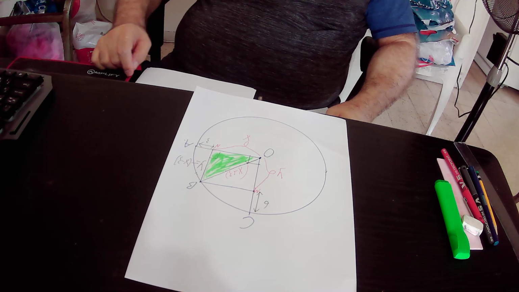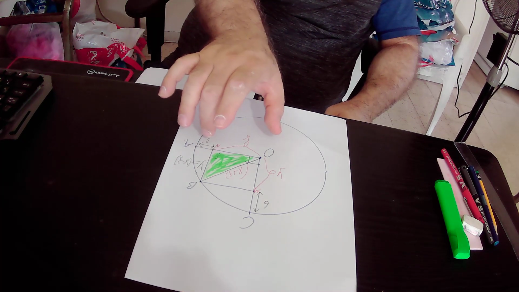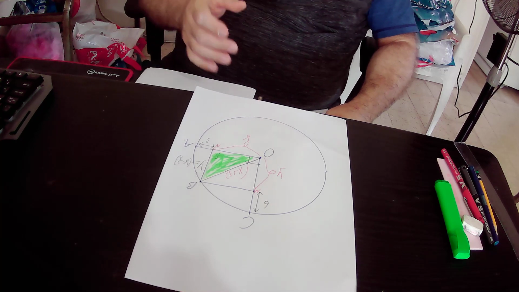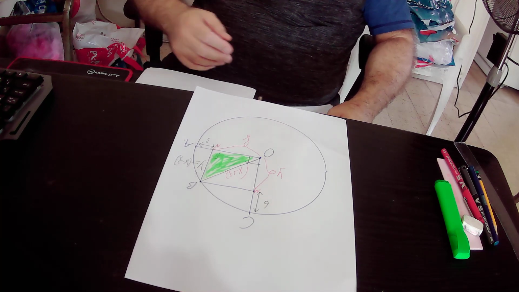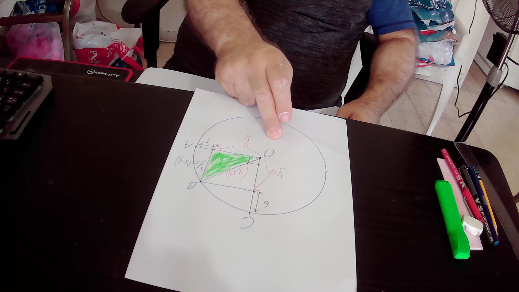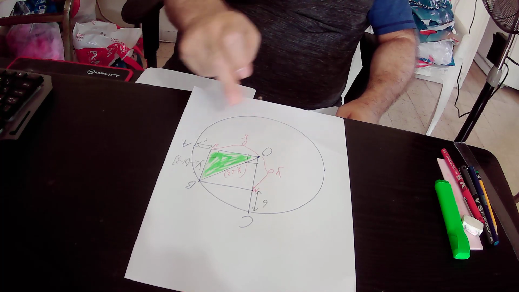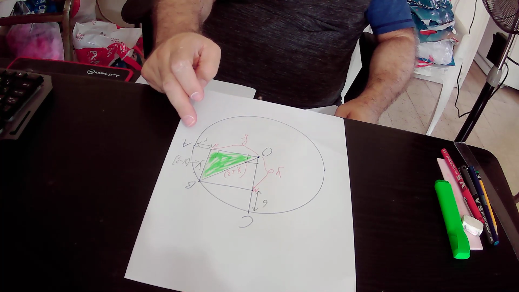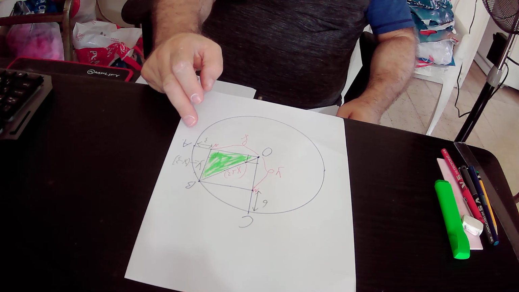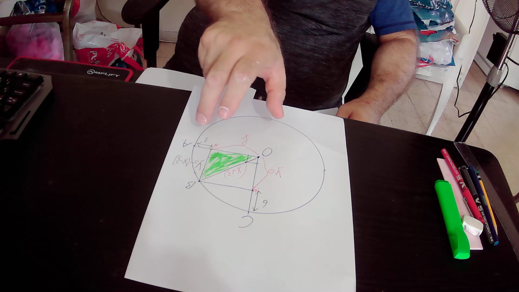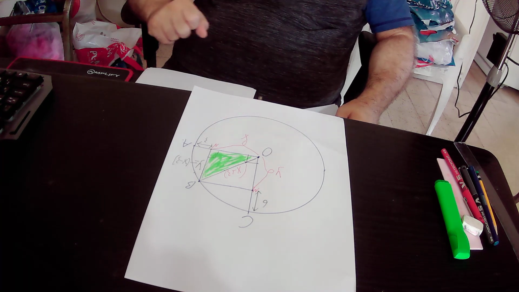And also line segment OA is the radius of this circle for the same reasons, because it starts from point O, that is the center of the circle, and ends at point A, that is a point on the circle itself. So line segment OA is the radius of this circle.